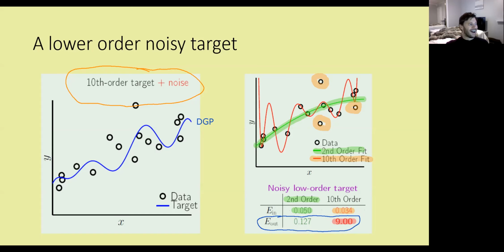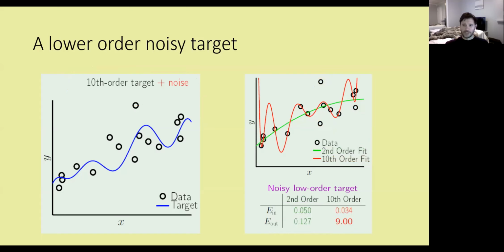It's there at 9, but the out of sample error for our lower order, less complex target is much better. So this again is the idea that you might be willing to sacrifice some in-sample error to dramatically reduce your out-of-sample error. You're willing to sacrifice a little bit of model complexity to really reduce the model variance.